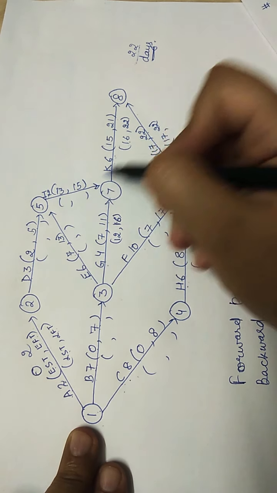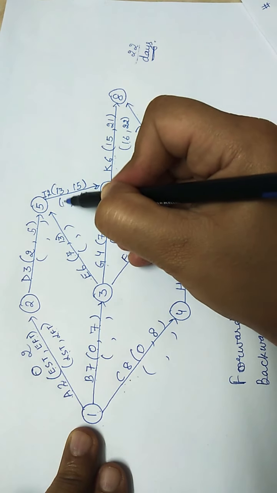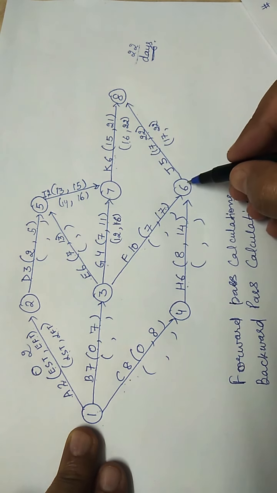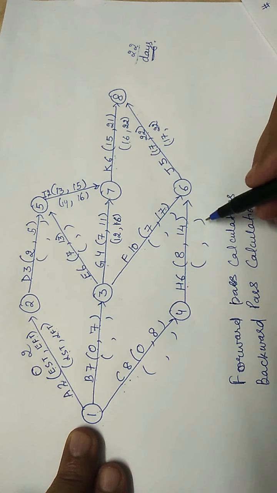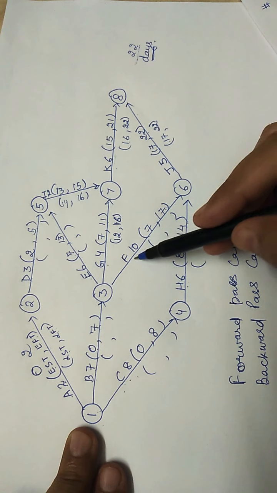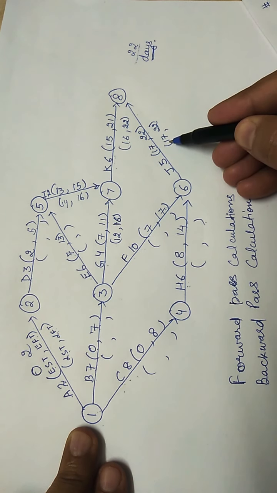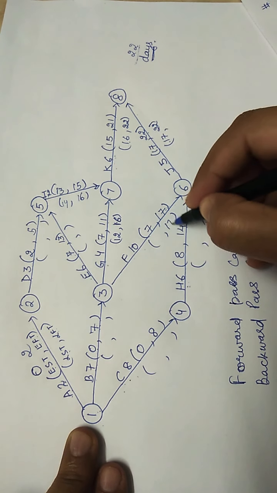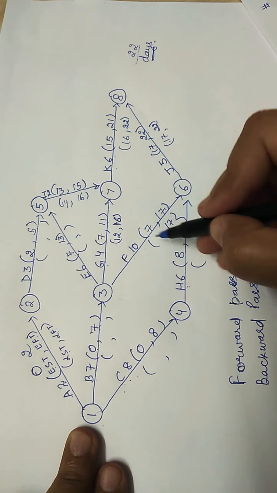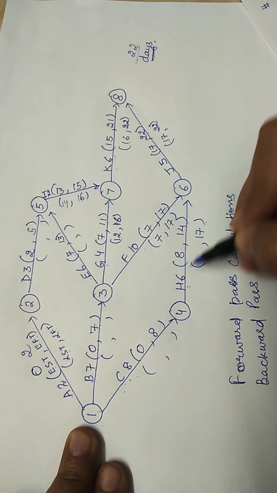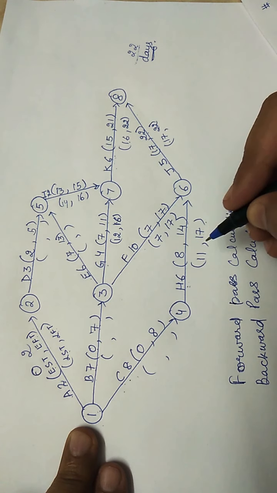Now see, this will be 16 minus 2, the value will be 14. Here also this is 17. For both these two activities F and H, the latest finish time will be 17, and latest start time will be 17 minus 10, 7, and 17 minus 6, 11.